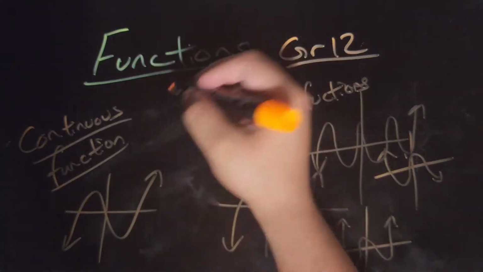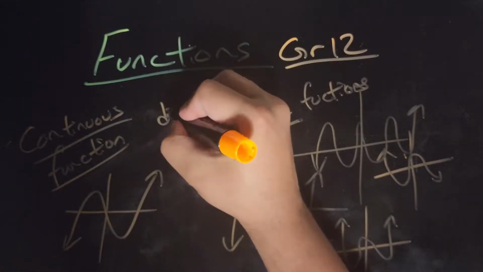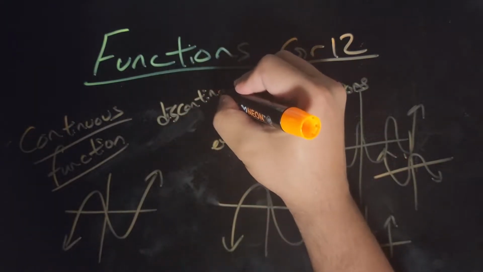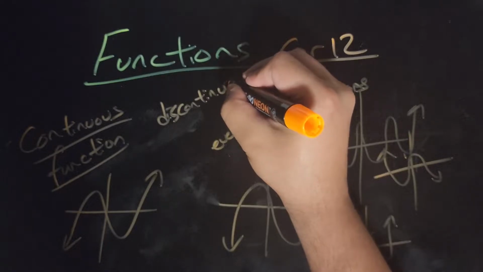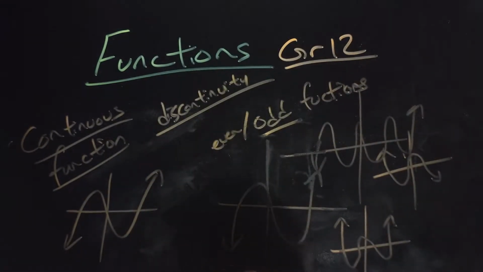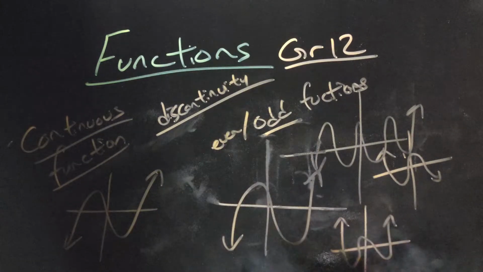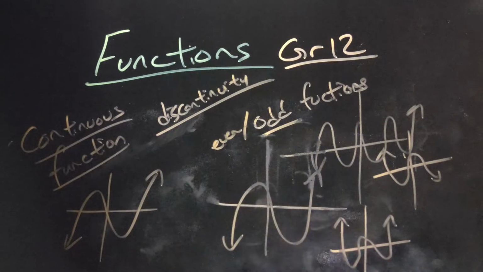Well, this is gonna lead into the next: a discontinuity is a break in the graph. So that point at which it breaks, that's where it's a discontinuity.